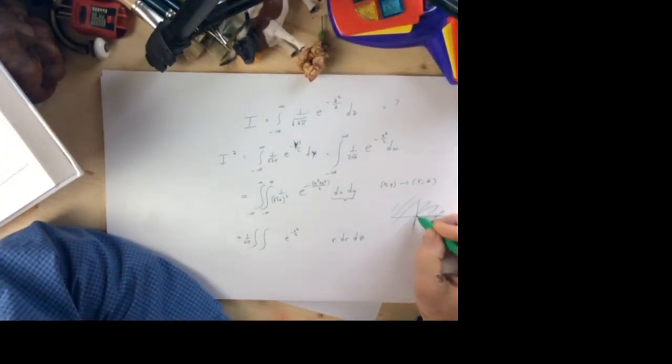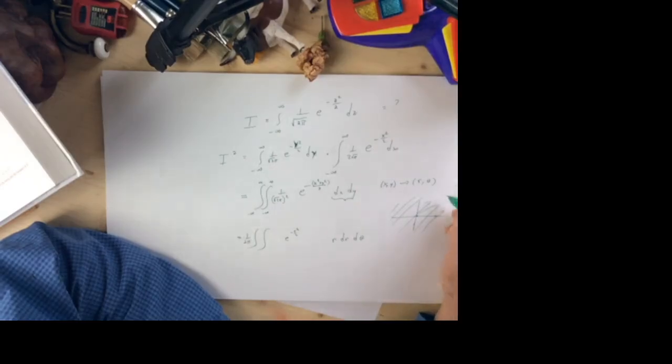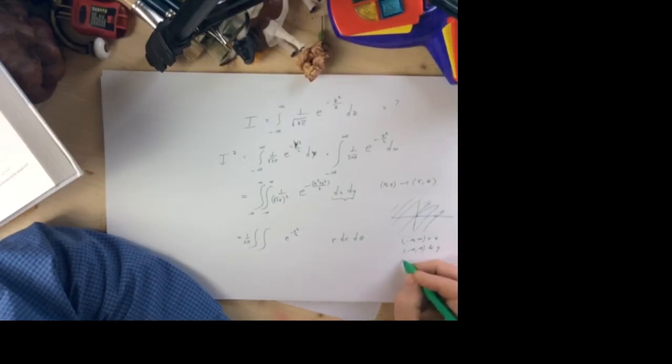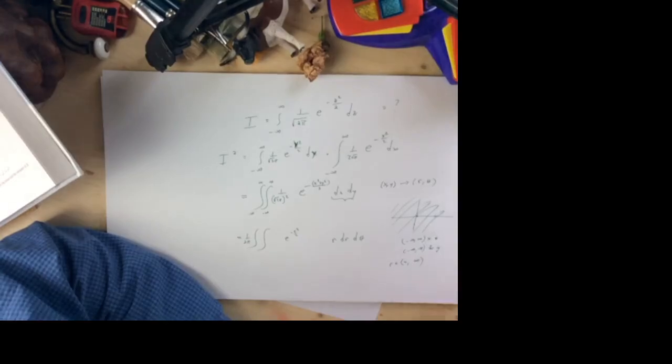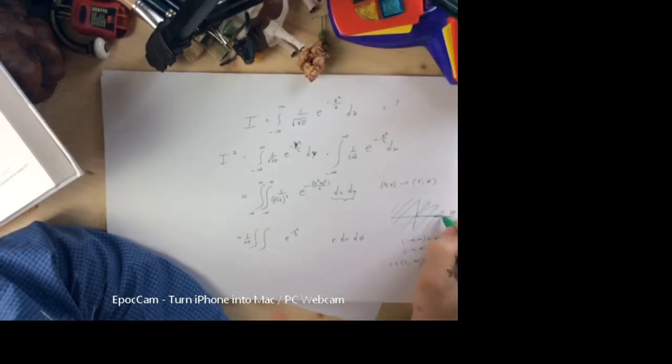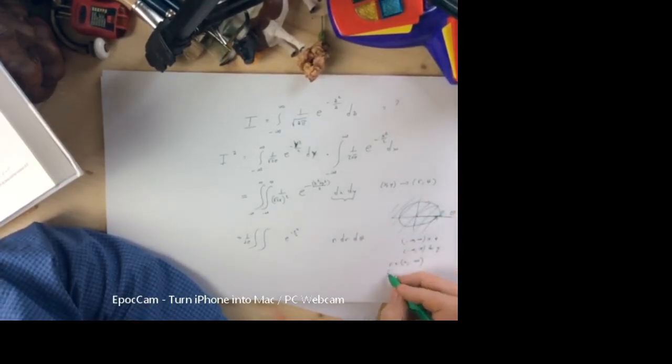Well, that means in order to get out here, we have to have r vary from 0 to infinity. So minus infinity to infinity for x and minus infinity to infinity for y requires that r goes from 0 to infinity. And in order to get the whole plane, we can do theta varying from 0 all the way over to 2 pi.